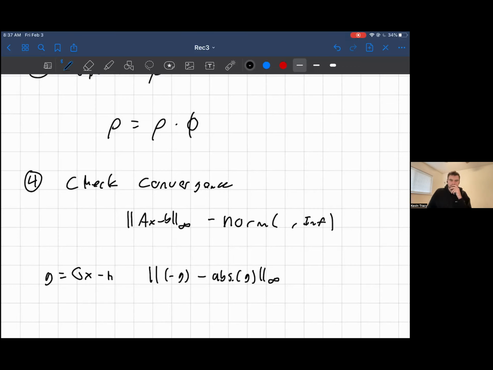I'm pretty sure this is right. If g has to be negative, then negative g is going to be positive, ideally, and the entirety of this thing should be negative and quite small. I will update this for the final slide, but I'm pretty sure this is right.